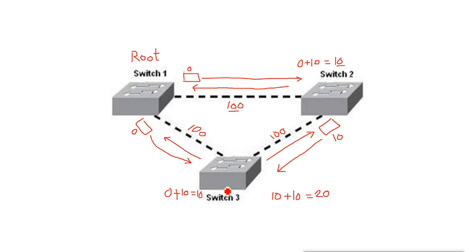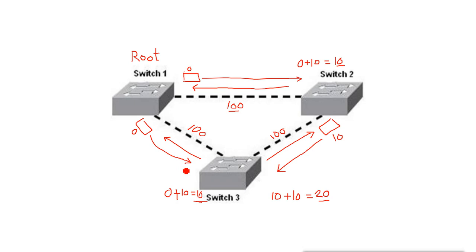So if switch 3 goes with this path, it will cost 10, and if it goes by the other path, it will cost 20. So the lesser cost is this 10. So the switch will see this is my shortest path, and it will use this path for reaching the root bridge.